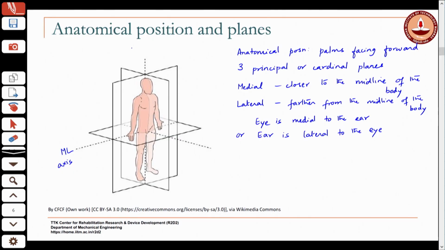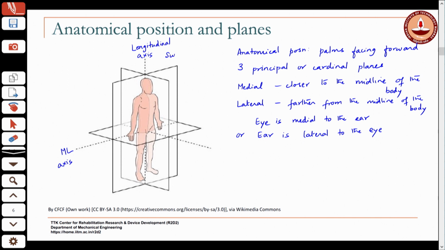Then the third axis is the axis that is perpendicular to the transverse plane, and that axis is the longitudinal axis. Okay. Along the longitudinal axis you can say something is superior or inferior.